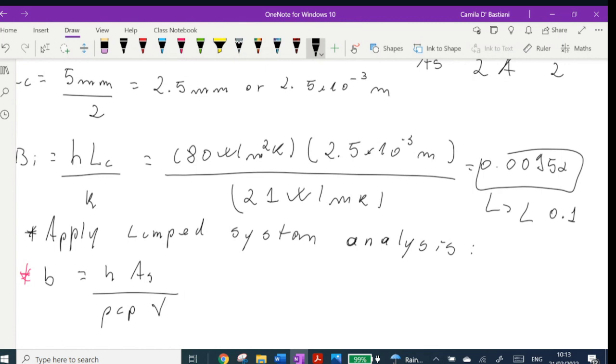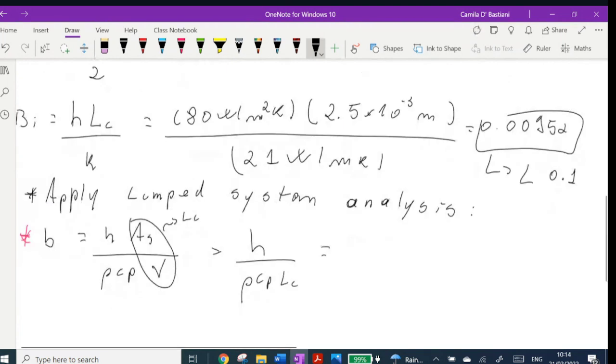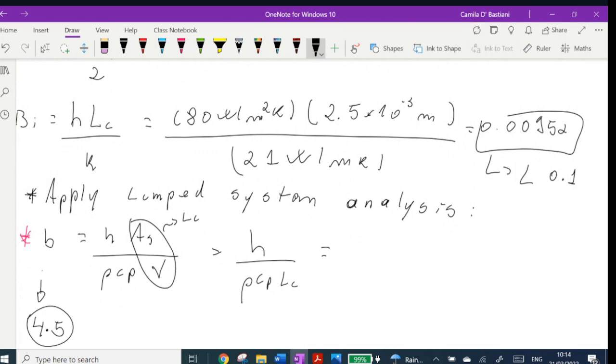Okay. I know that the relationship between area and volume is equal to my characteristic length, so I can rewrite that. h of convection is equal to rho Cp characteristic length. And I have everything that I need again. If you want to know which equation this one is, you can look in your book. This is equation 4.5, okay? Equation 4.5 from the book.